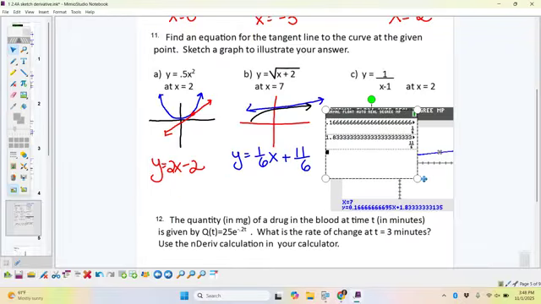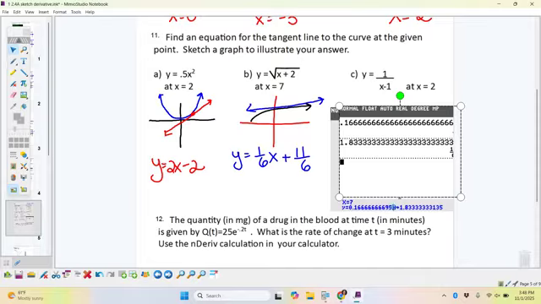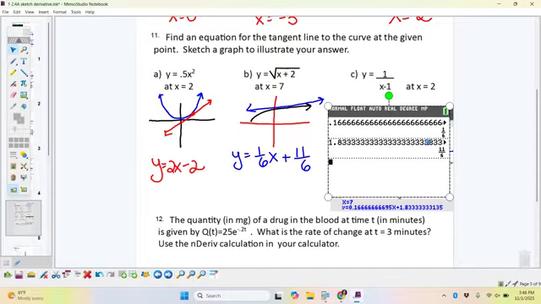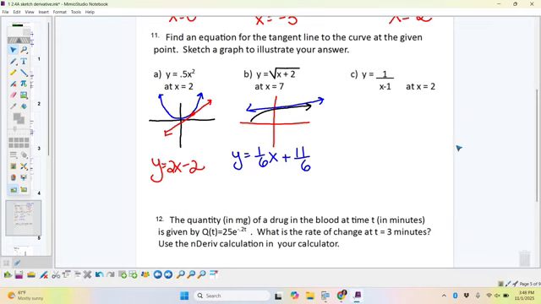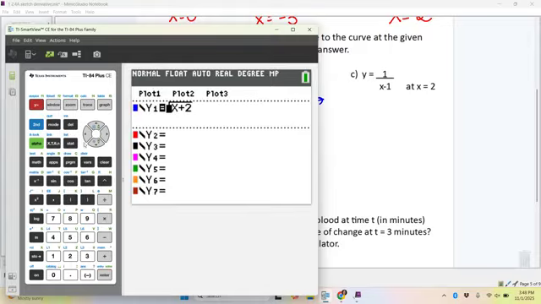So by using the decimals from the draw tangent and then changing your answer to a fraction in the math menu, we can get a nice equation. All right, one more. Anytime you have a denominator that's not a single term or a numerator, you need to put that part in parentheses, just like I did here.